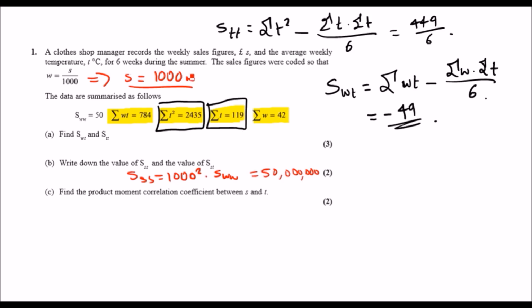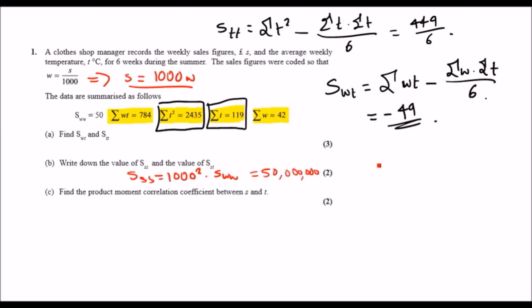Okay, and as for SST, this is a single factor because there aren't two S's, it's just a single S and a T. We already have one of the similar variables, WT. WT is minus 49, so it's in the same position. Instead of W, we do the same idea. We know for a single S, it's 1,000 W's. So instead of multiplying by 1,000 squared, because there are two of them, it'll be just one of them.